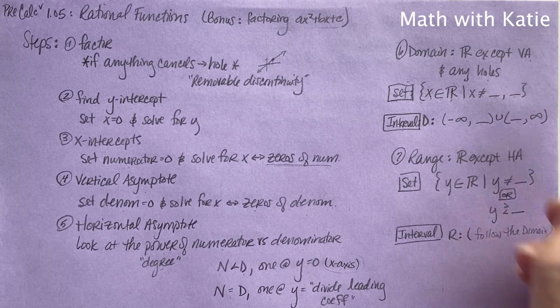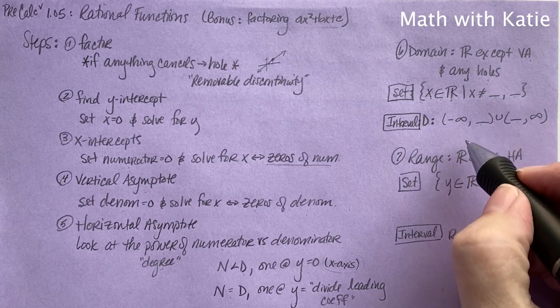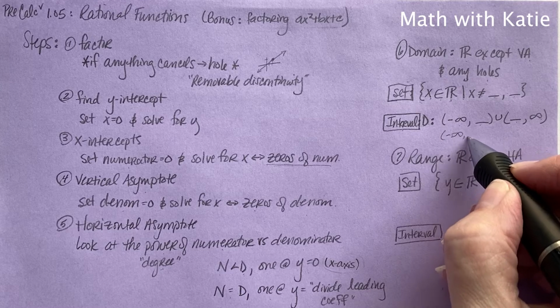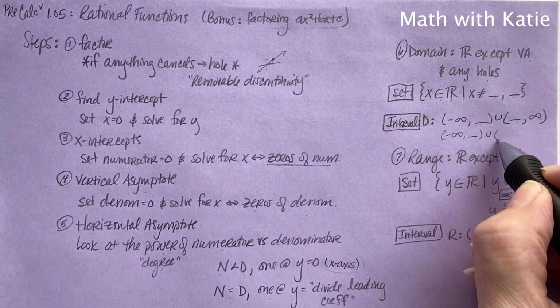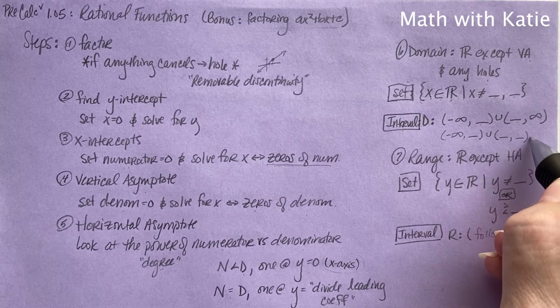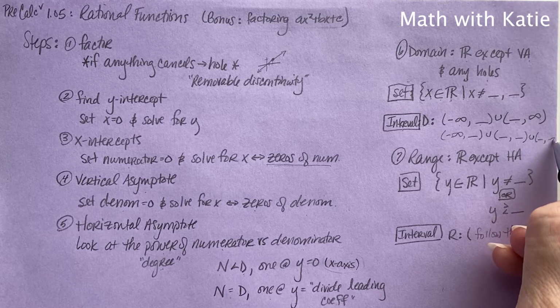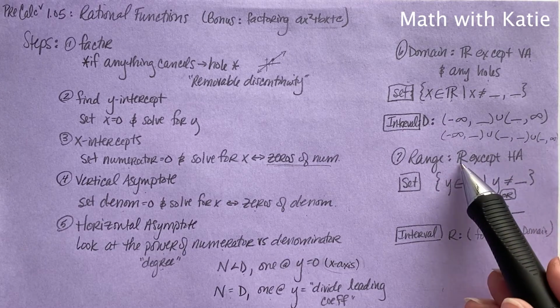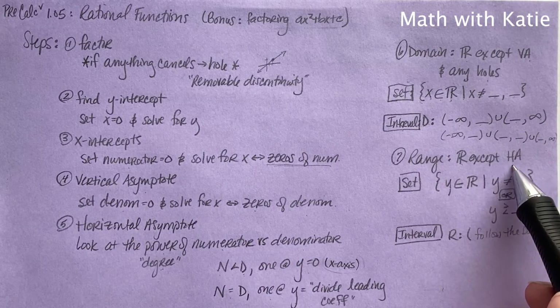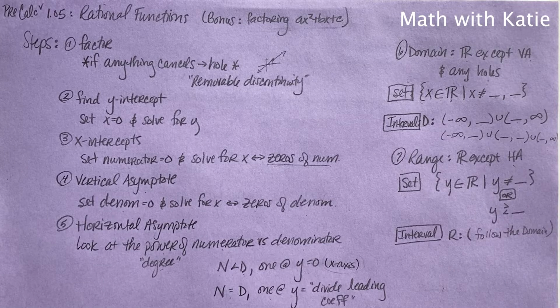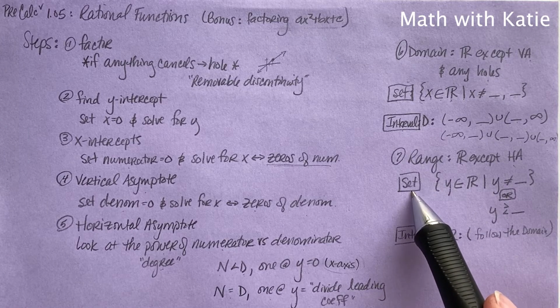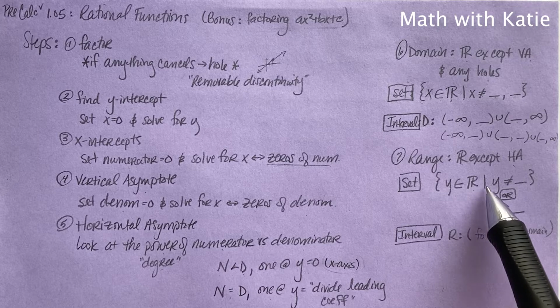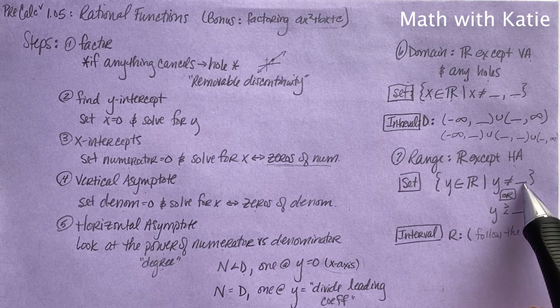If you've got a couple different vertical asymptotes, you could even have negative infinity to the first one, union another one to another one, union another one to positive infinity, okay? And also your range, exactly the same thing as your domain, except now it's all real numbers except your horizontal asymptotes, okay? So again, set notation, y is all real numbers except y cannot equal blank.